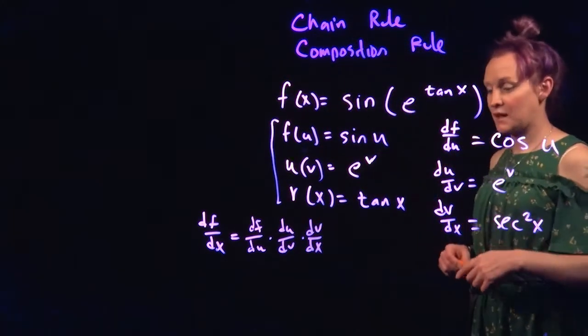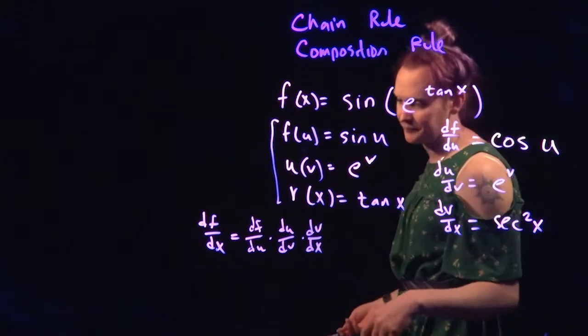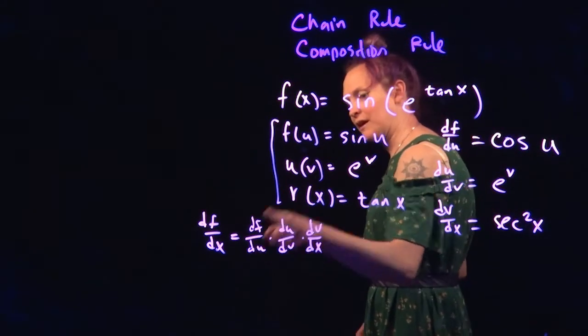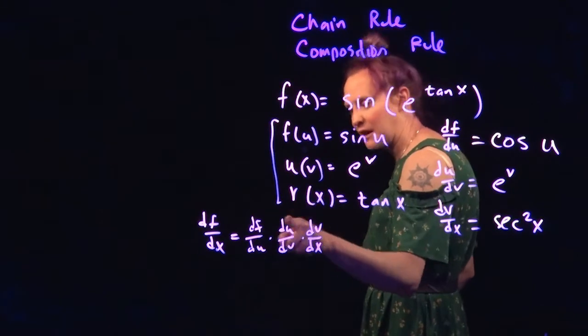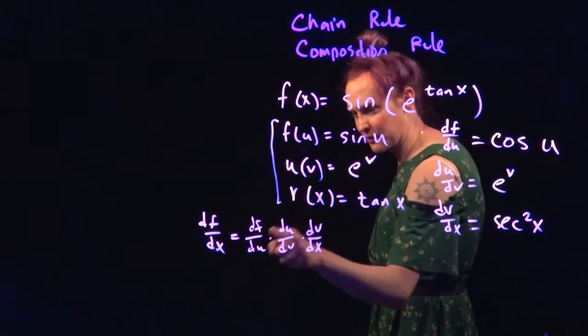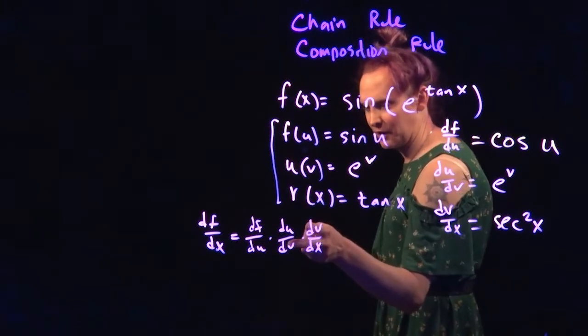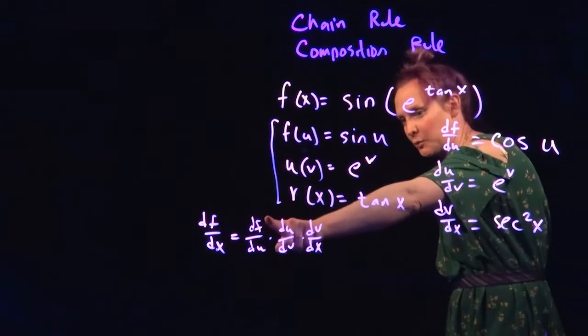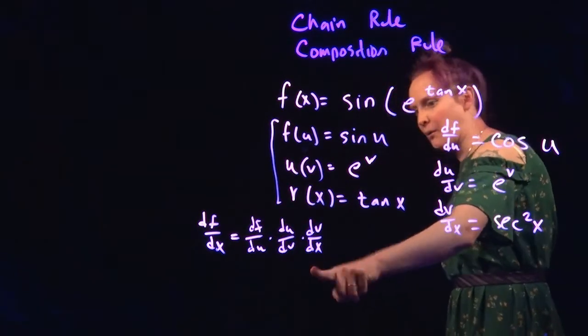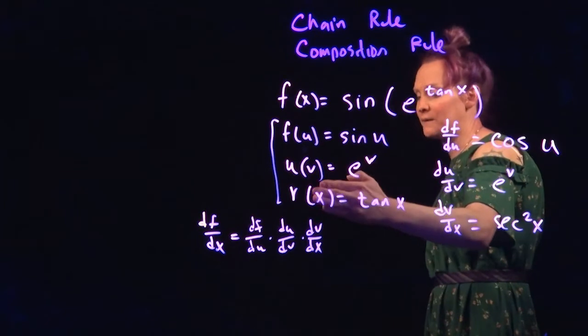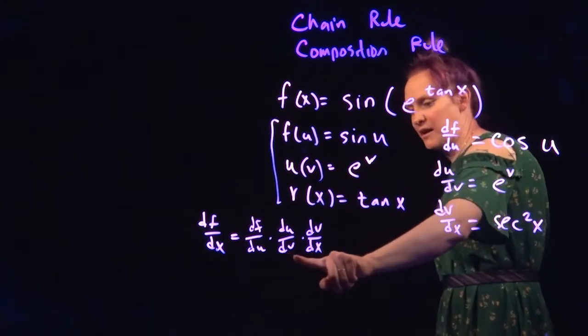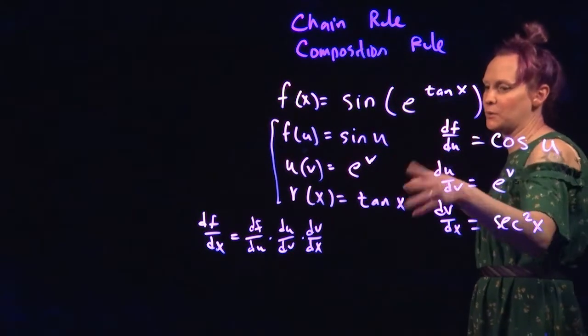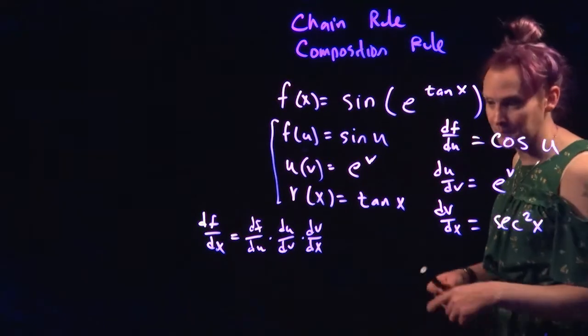And this chain is such that you can think about, we're not actually doing it, but you can think about, oh, I have a du down here and a du up here, so they would cancel. The dv right here and here, they would cancel, and I would just be left over with df dx. So I just make up the intermediate functions, and then I take the product of everything that I had to do in order to break it into simple pieces.